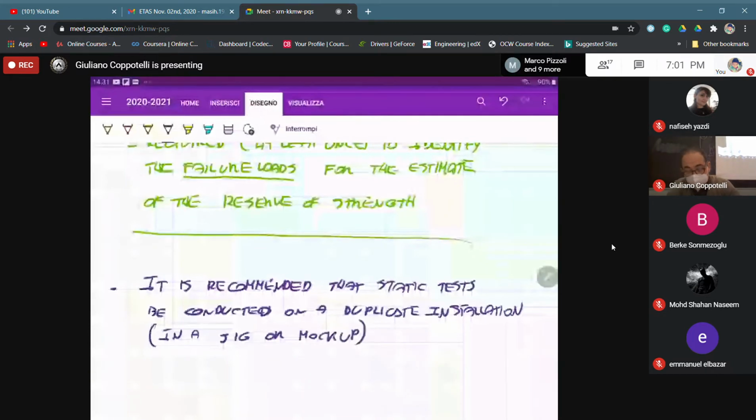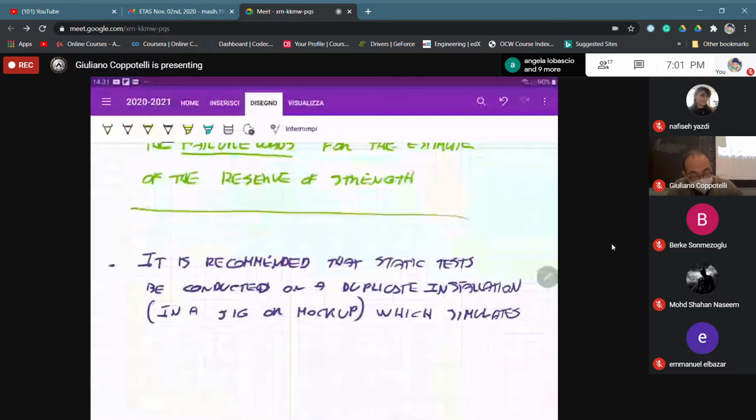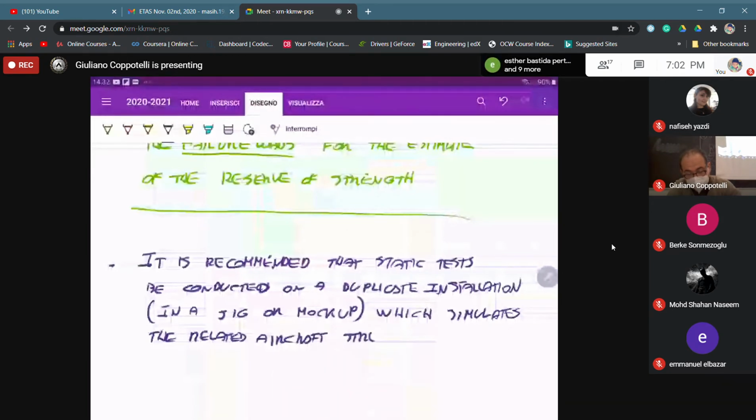Okay, and this must simulate the related aircraft structure. Okay, so that is the major point.